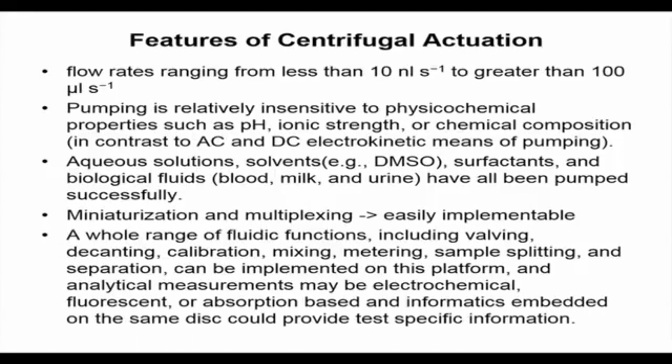Pumping is relatively insensitive to physico-chemical properties, which I have mentioned: it does not depend on pH, ionic strength or chemical composition. In electrokinetic flows there are many advantages, but this may be used as an advantage, since electrokinetic flow is sensitively dependent on the pH of the solution, but in centrifugal fluidics you do not require that.